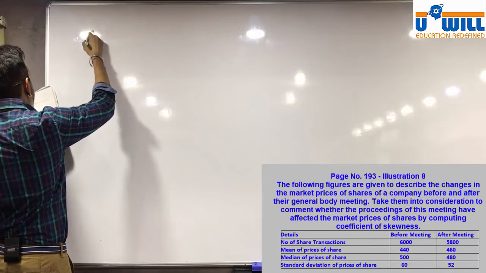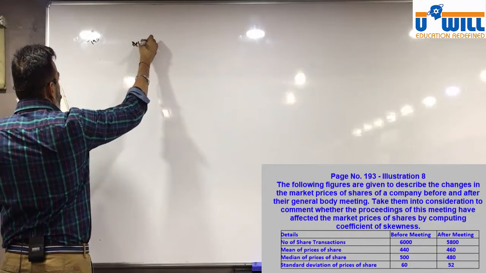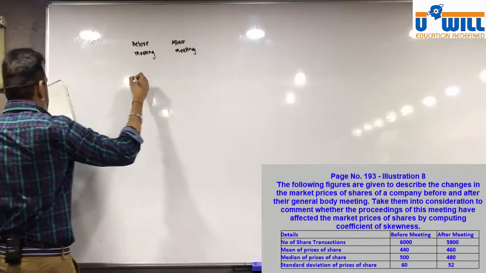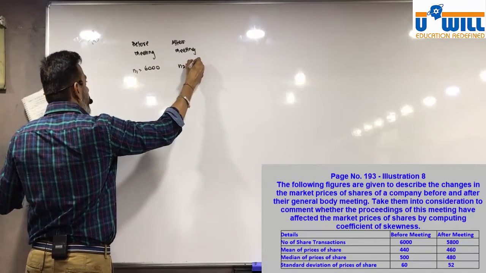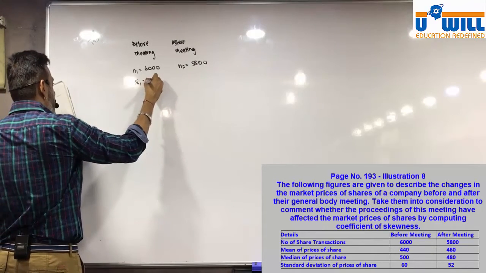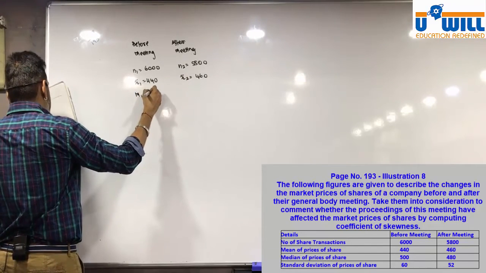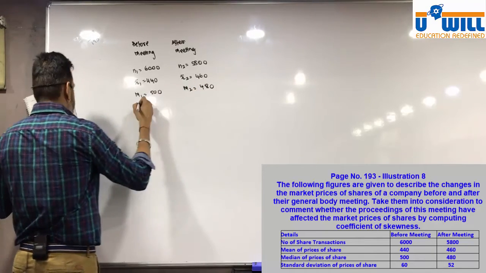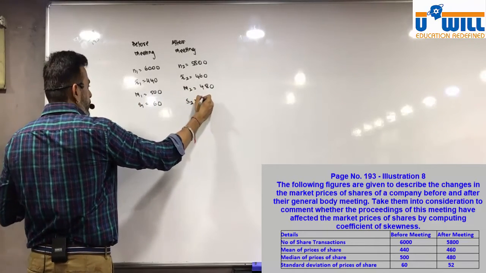Illustration 8, page 193. Before meeting, after meeting. N1 6000, N2 5800, X bar 1 440, X bar 2 460, median 1 500, median 2 480, standard deviation 1 is 160, standard deviation 2 is 52.